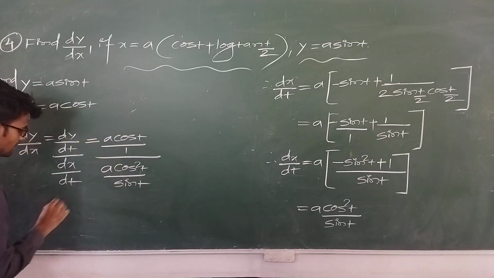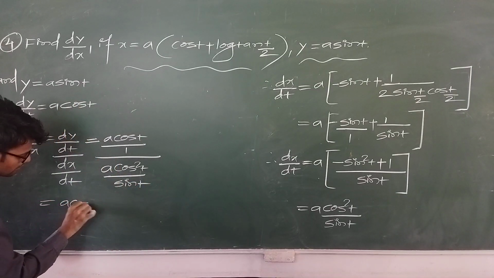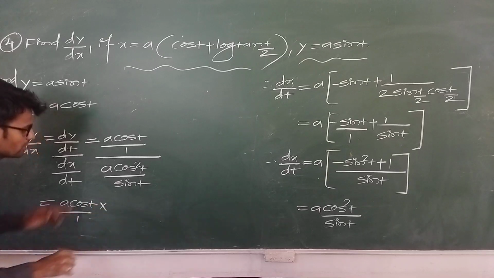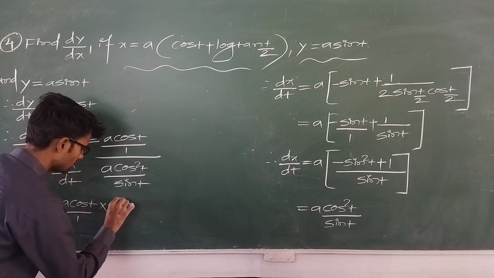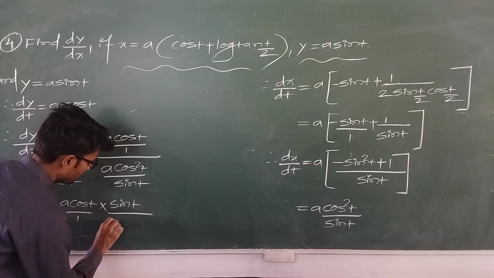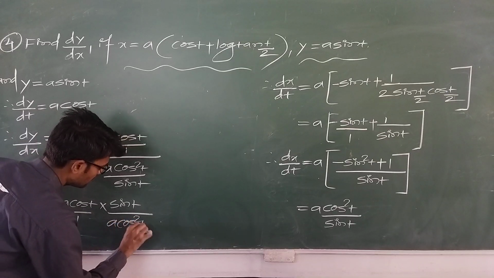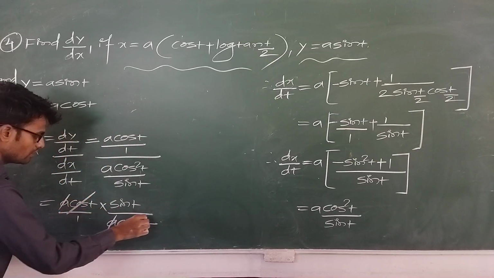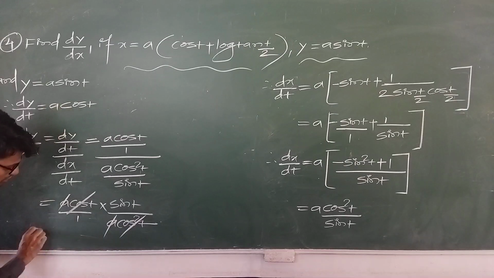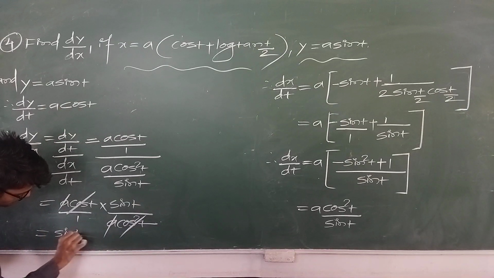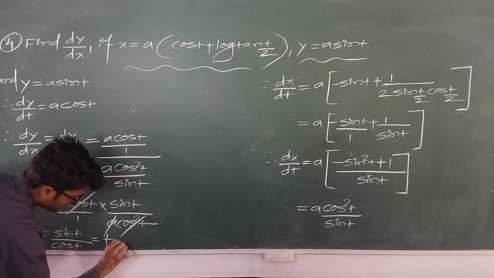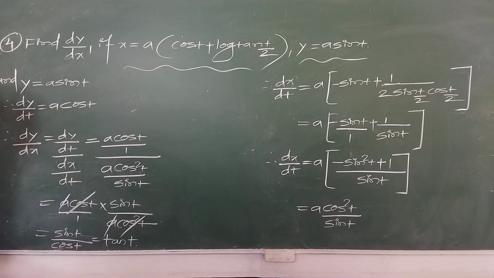So this is equal to a cos t divided by 1, remove this division and multiply, so you get sin t divided by a cos square t. This a gets cancelled, cos t and one cos t get cancelled. So this is sin t divided by cos t, which is tan t. Therefore, the value of dy by dx is tan t.